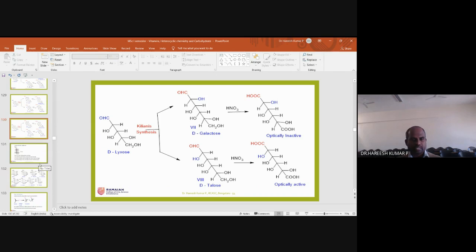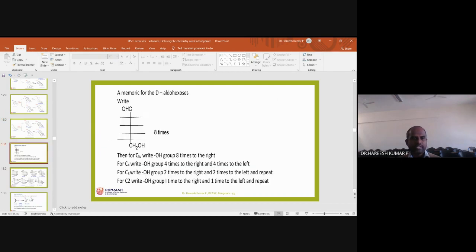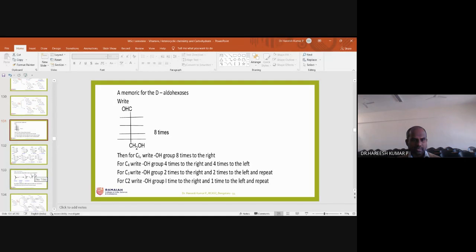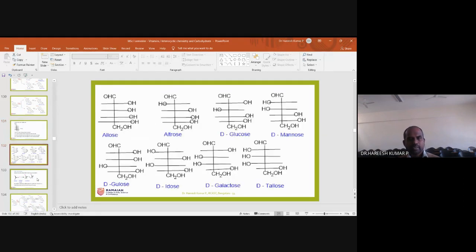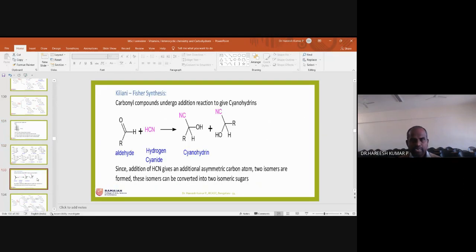Kiliani-Fischer synthesis. What is Kiliani-Fischer synthesis? So in order to explain the Kiliani-Fischer synthesis, first I will take a general aldehyde. So I will go to the next slide.